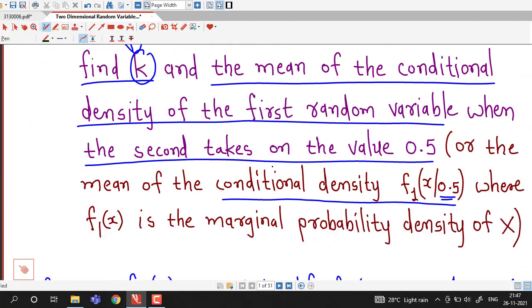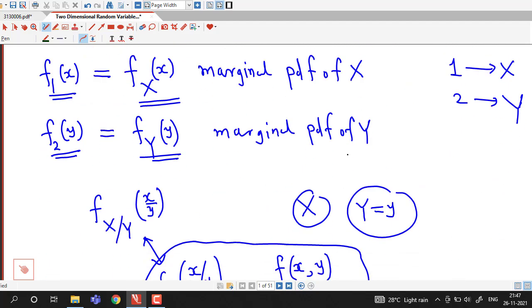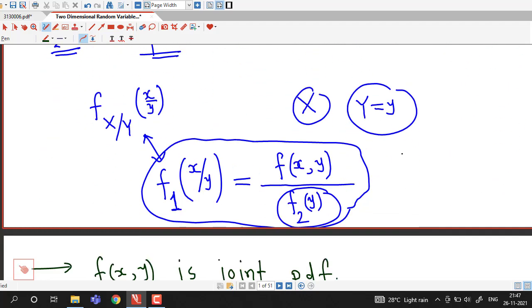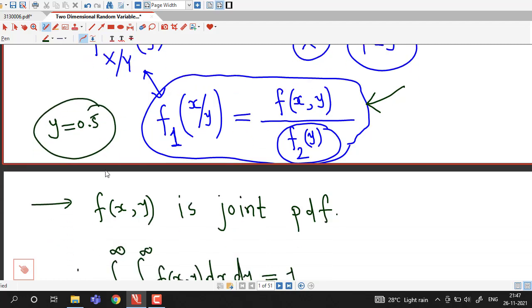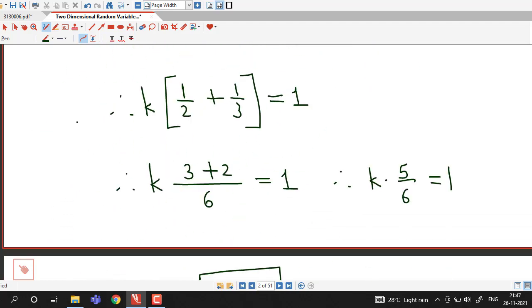Now we have to find out the mean of conditional density of the first random variable when the second takes on the value 0.5. So as we define, this is the definition for conditional density of random variable x given that y equal to y, and this we have to find out for y equal to 0.5. So first we write down this definition and then we calculate.